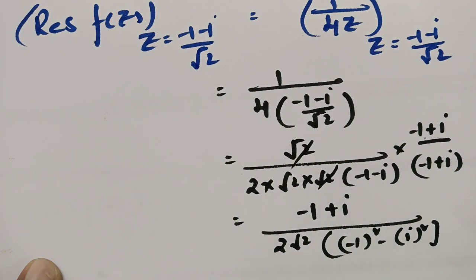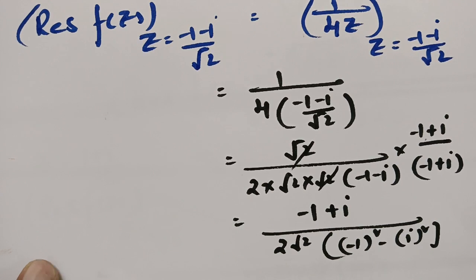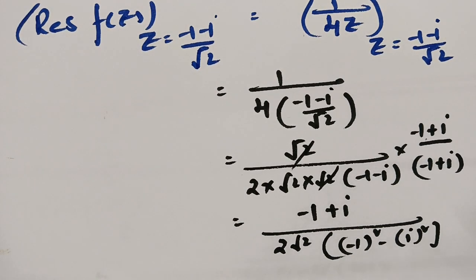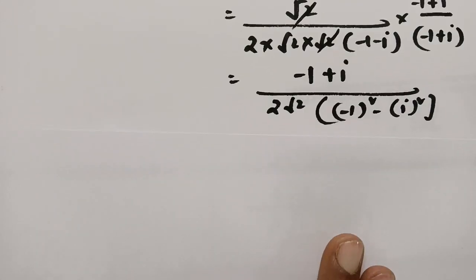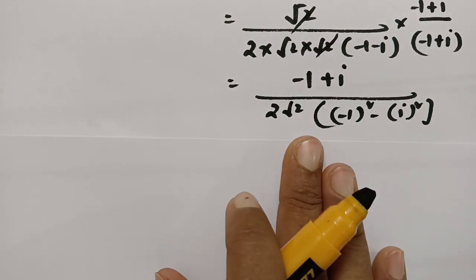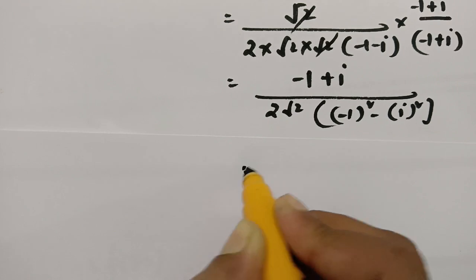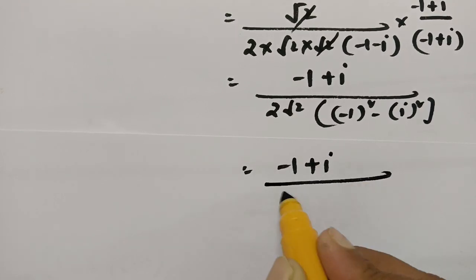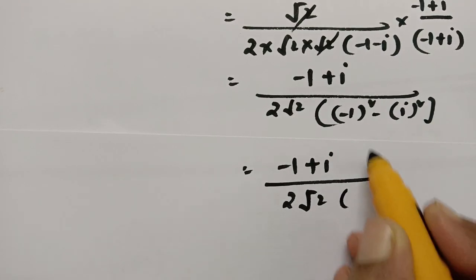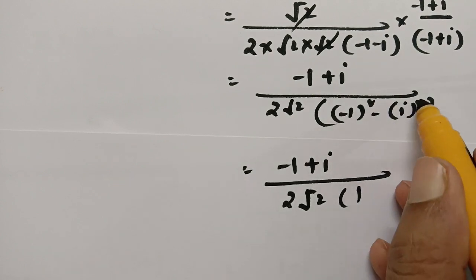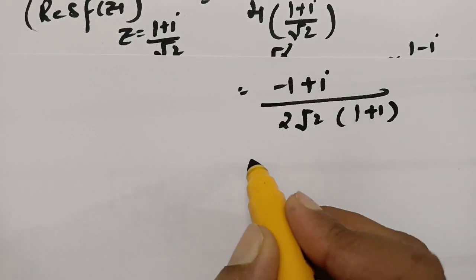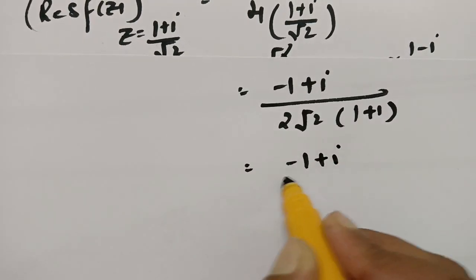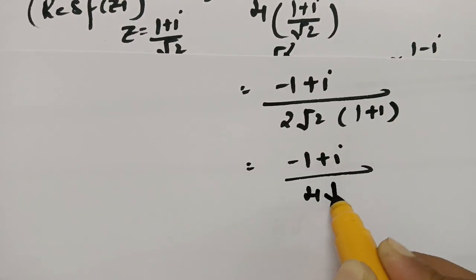So this value is i², and therefore we got the value as this, that is -1 + i. See here. So this can be written as (-1 + i)/(2√2), and this is (-1)² is 1 and i² is -1, minus of minus plus 1. So we got the value as (-1 + i)/(4√2).